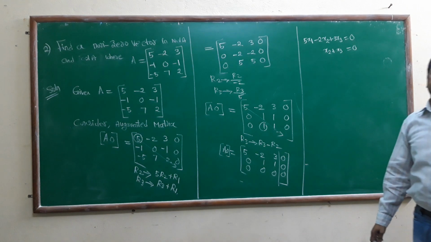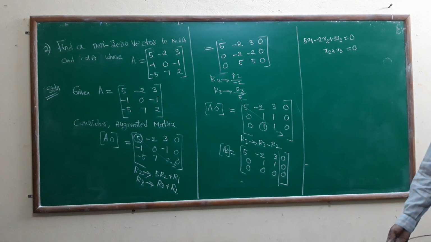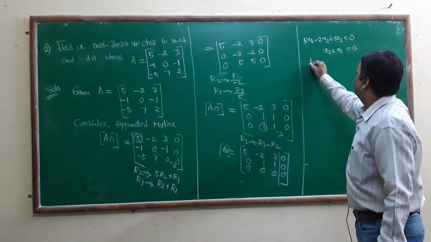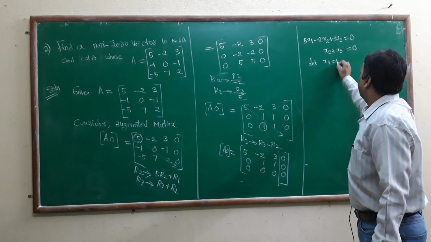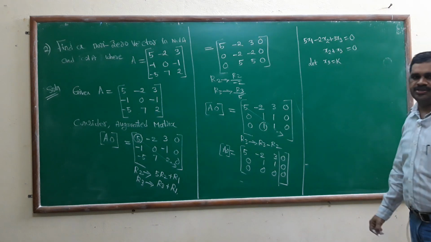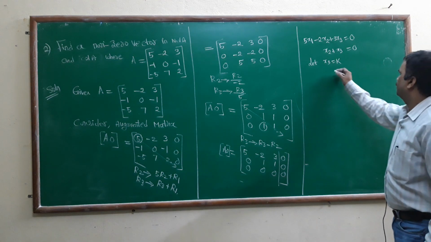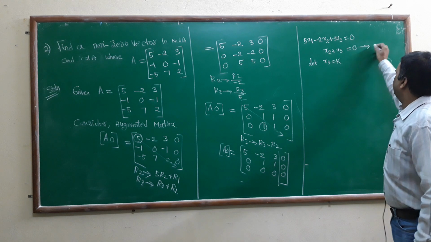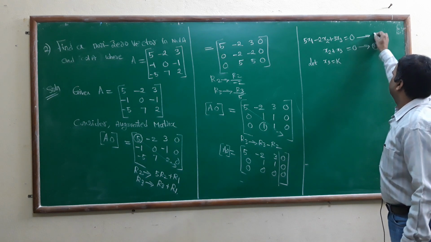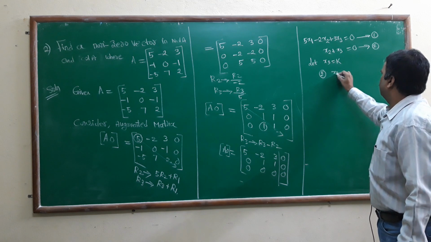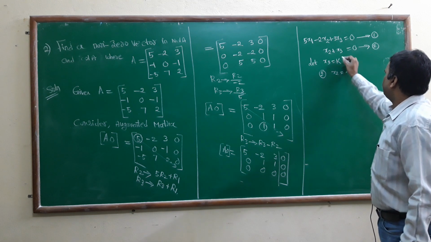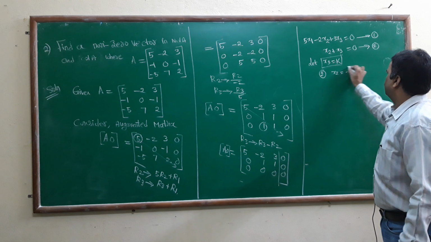Three variables and two equations we have. One of the variables I assume is k. Let x3 is equal to k. I am assuming x3 is equal to k. This is equation 2 and this is equation 1. From equation 2, x2 is equal to minus k.